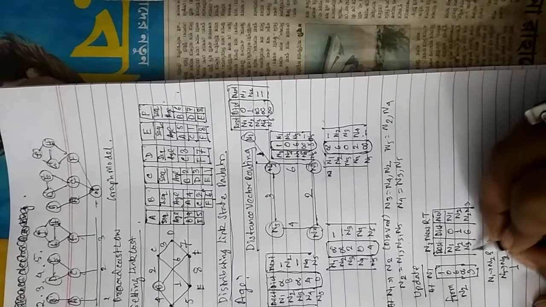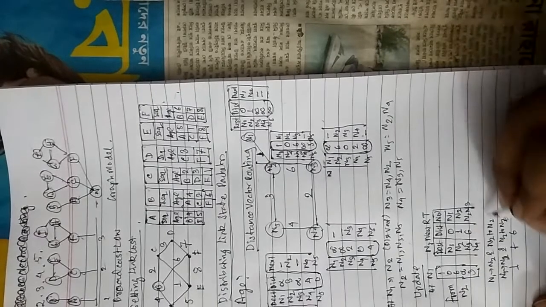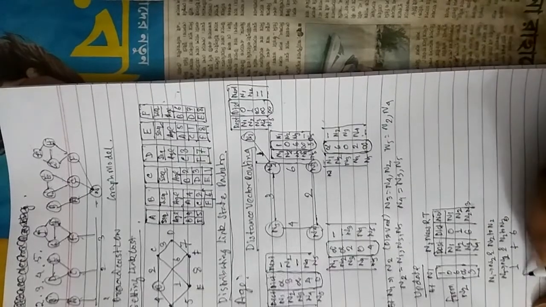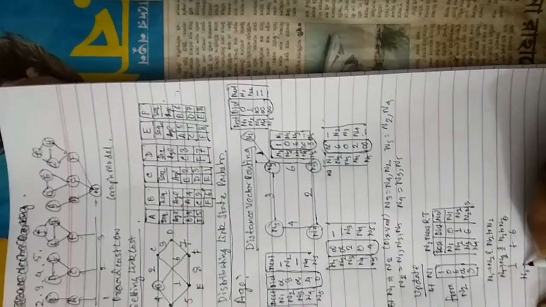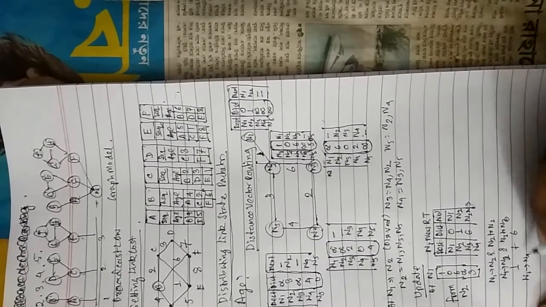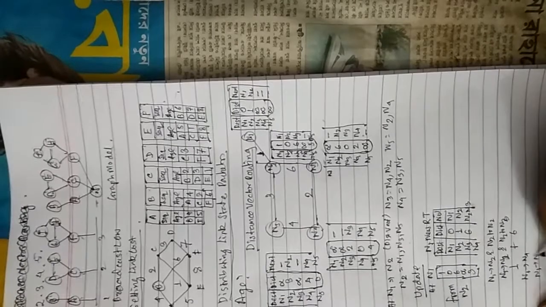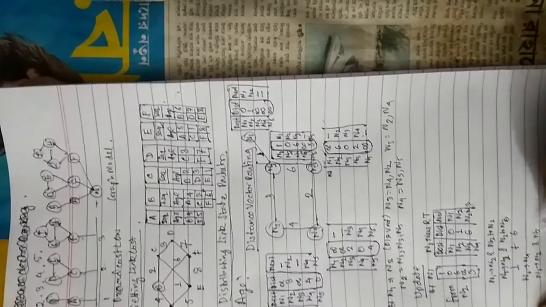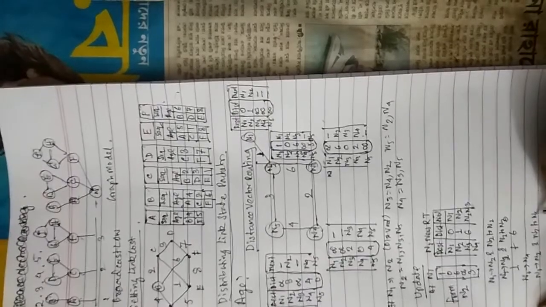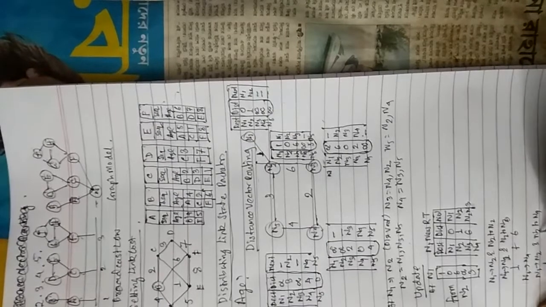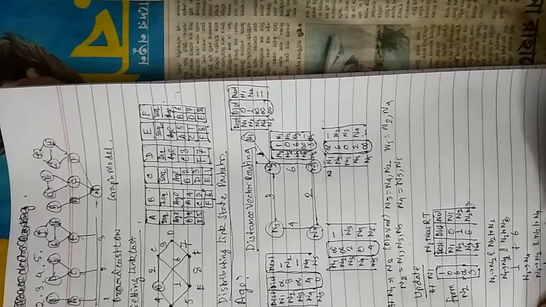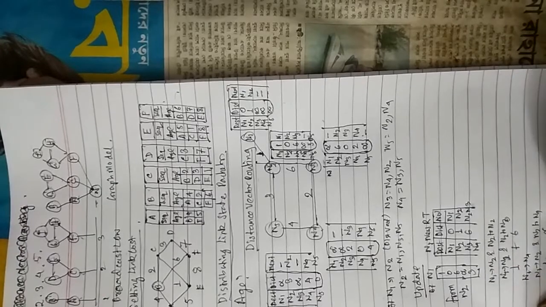Now suppose N4. If from N1 you want to go to N4, what will be the path? N1 to N2 and N2 to N4. N1 to N2 is 1. Now what is N2 to N4? See, it is infinity. So 1 plus infinity is infinity.